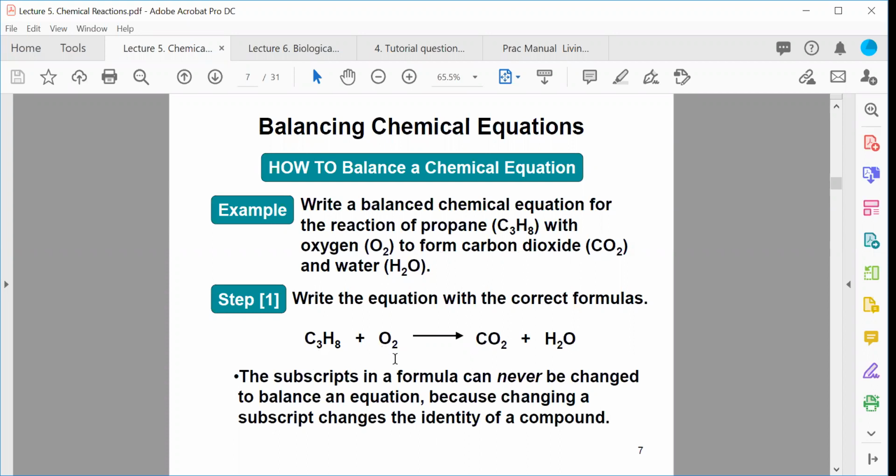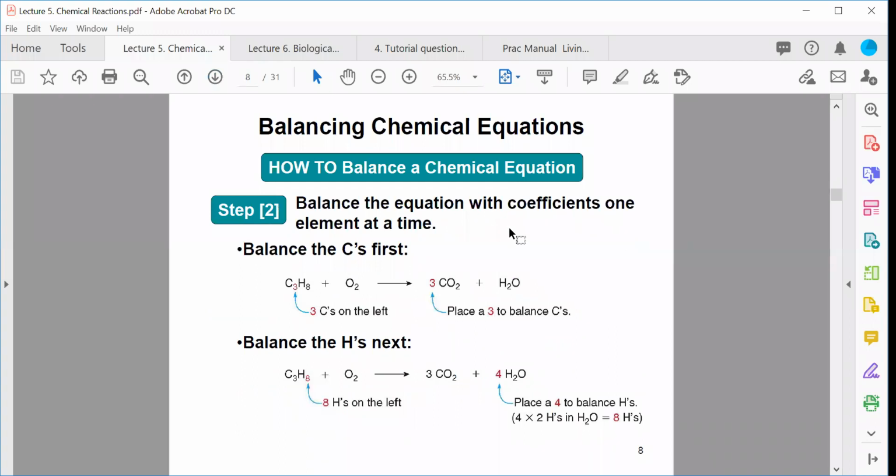Oxygen is a reactant, and then the products that are formed, carbon dioxide and water. Keep in mind that when you're balancing any equation, you can never change these subscripts here, because if you do, you'll actually change the identity of a particular compound or molecule.